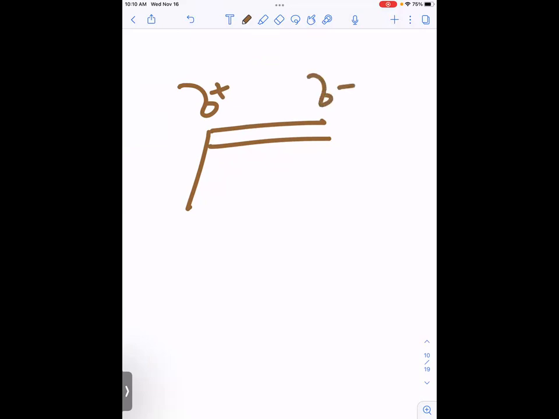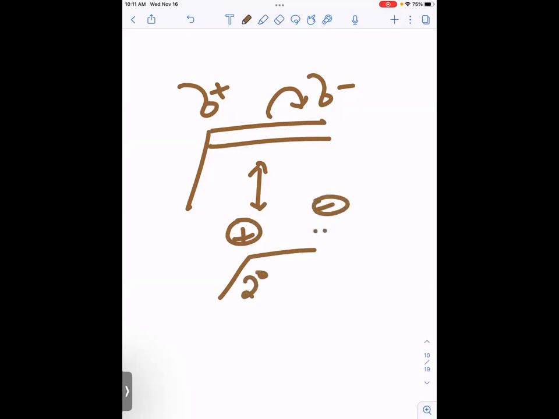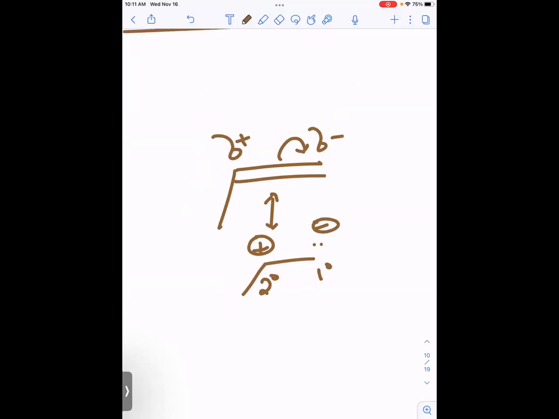This one is going to most likely be partially negative. The reason is because if I broke that bond by resonance, if I took the pi bond and shifted it, the negative charge would prefer to be here on this carbon, right? Because this is secondary and that's primary. We know the trends for negative charges, we know the trends for positive charges on carbon.